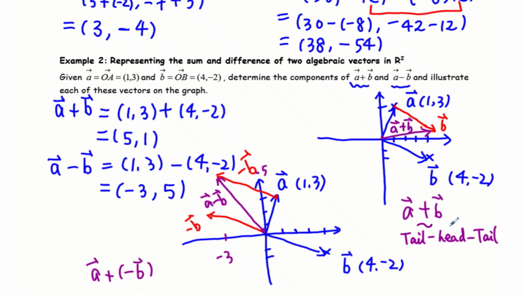This is our first vector, then tail to head again. This is our second vector, then the final is just the first tail to the last head. This is our final one. Okay, so this is adding, subtracting the vectors, and we are going to practice more in 3 dimensions.